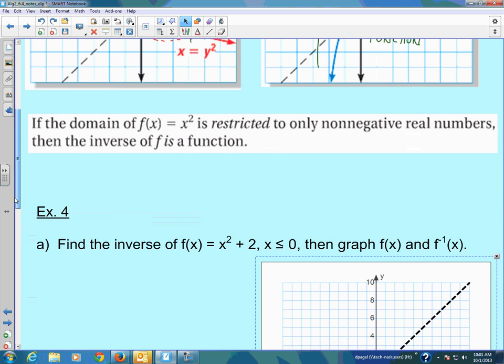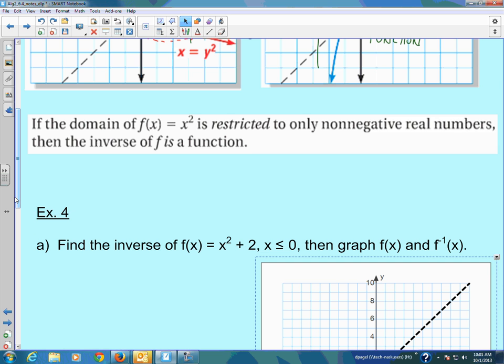Now, if we wanted to take a look at quadratics, and we wanted to make sure that they gave us an inverse, then what we can do is what's called restrict the domain. Domain restrictions limit the values of x that we use for the function.